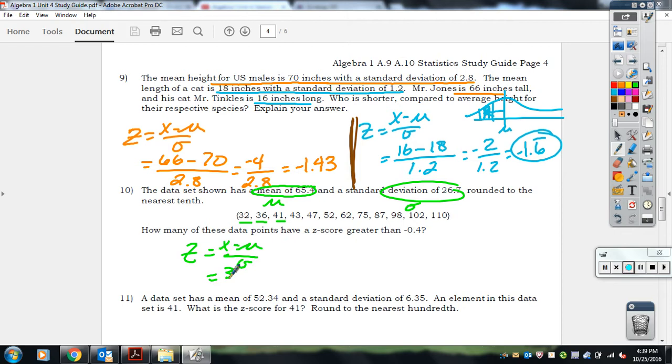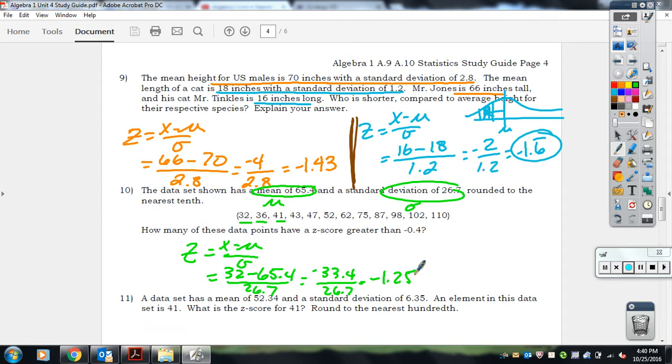Let's start with 32 minus the average 65.4, all over the standard deviation 26.7. 32 minus 65.4 equals -33.4, divided by 26.7, which is about -1.25.